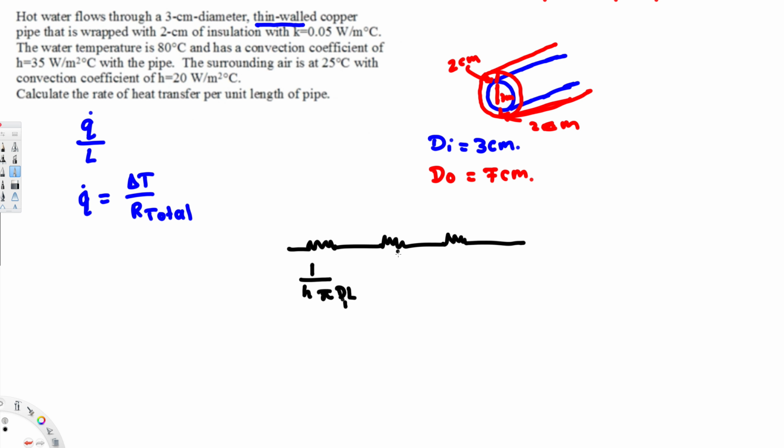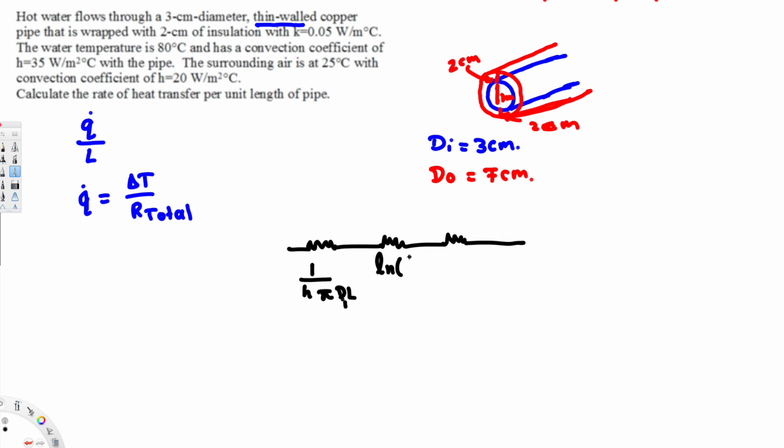And then we have conduction due to insulation. In cylindrical shape, to find the resistance for conduction we use this equation, that is ln radius 2 over radius 1. Here we can use diameter 2 over diameter 1, because the ratio for diameter and radius is going to be the same, right? If you plug radius or diameter you will get the same ratio.